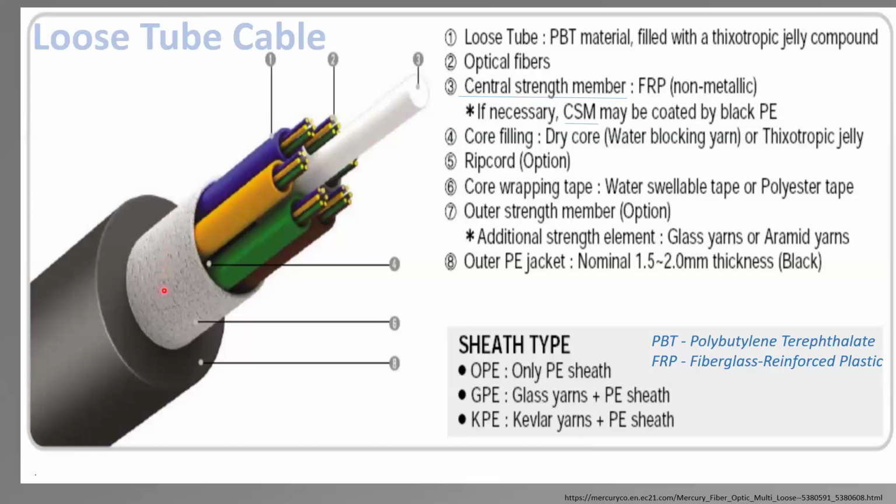On top of that, right here, number 6 is a core wrapping tape, water swellable tape, or polyester tape. This is the water absorption material. You can't escape, as we're going to talk about later during this presentation: water gets everywhere.